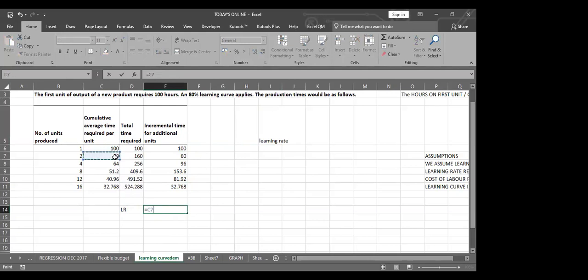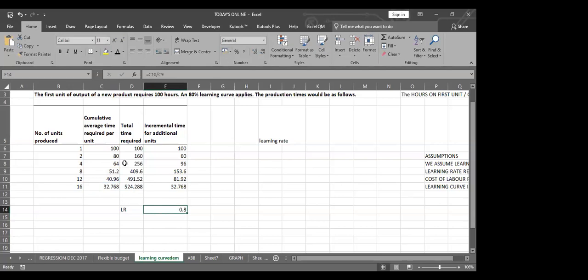I will take this, divide by where I was from, and I get 80. And that will happen at any given point. If you take the averages, the previous, and take the current, divide by that, it usually gives you the learning rate.